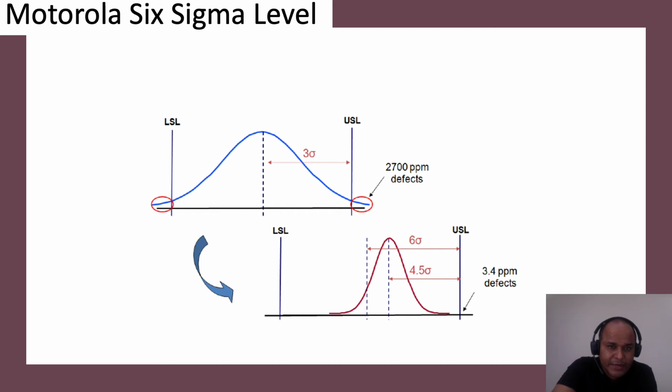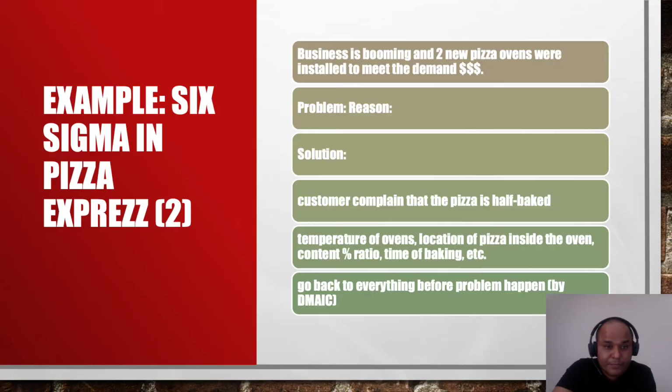While we are implementing Six Sigma, see how much the defect ratio changes. With USL at 4.5 sigma, and with Six Sigma, defects come to 3.4 parts per million. So why Six Sigma? How much is it going to impact and change our system, and how is the customer getting a benefit.